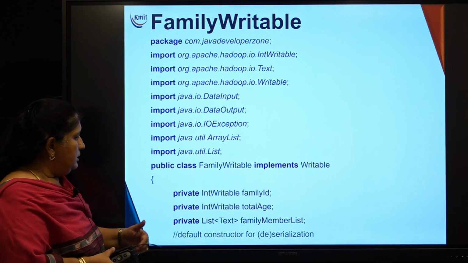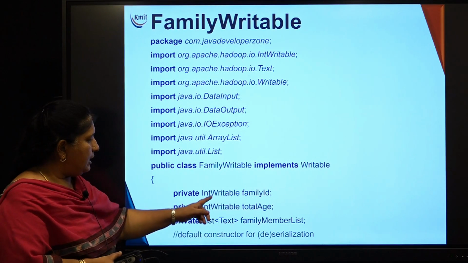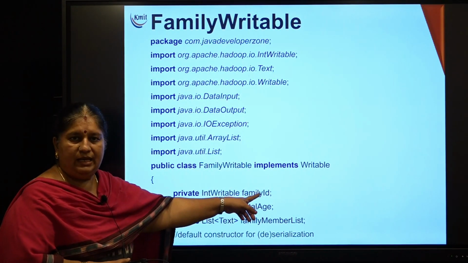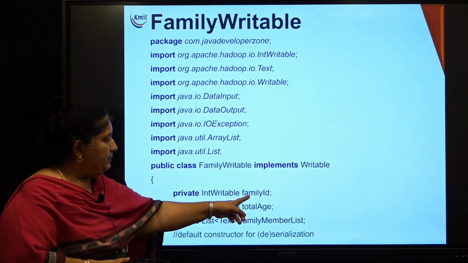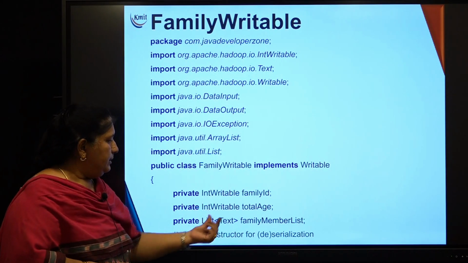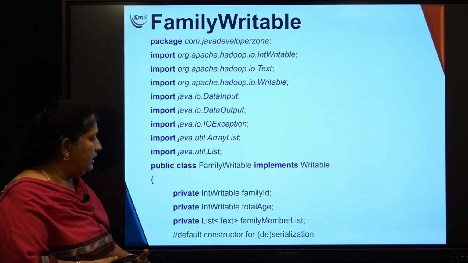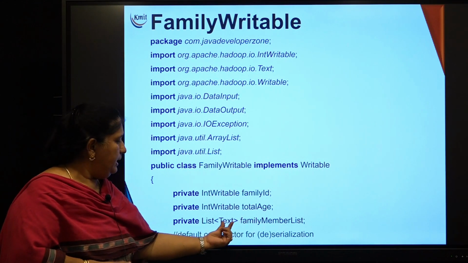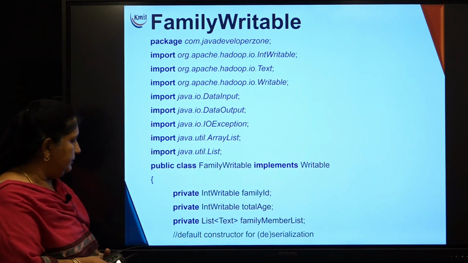In this, if you see, the built-in writables are used here: private IntWritable familyID. Family ID is an int, so we are using IntWritable. Similarly, totalAge is an IntWritable. The list of family members, because we are trying to store names, is a list of Text items.